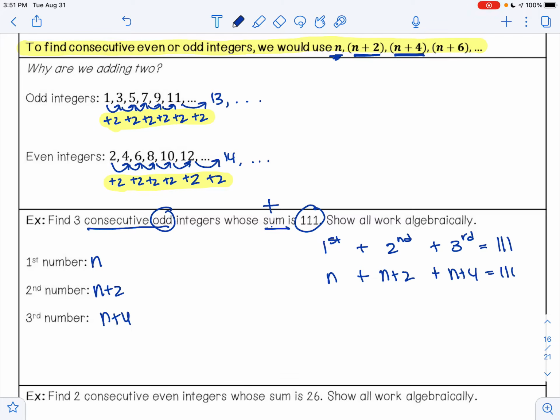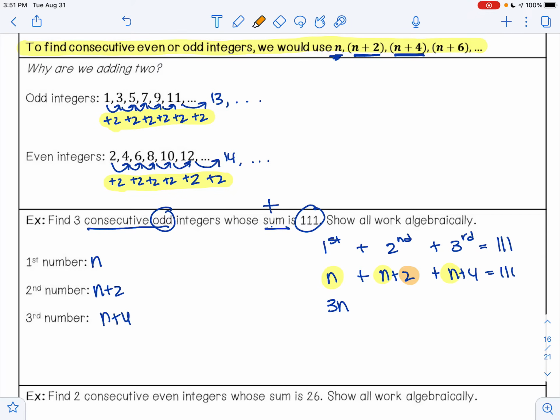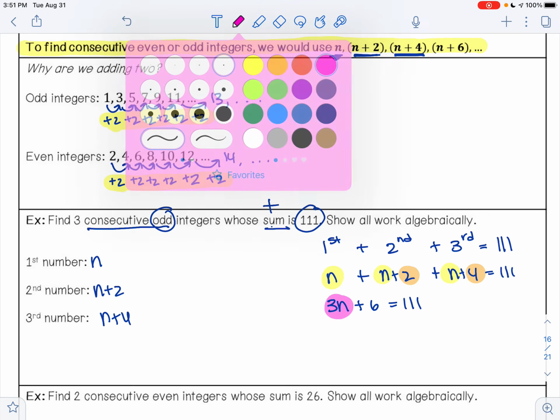Now I have an equation that we can solve. I'm going to begin by combining like terms. n plus n plus n is 3n. And 2 plus 4 is 6. I want to get 3n alone. To undo addition, I am going to do subtraction.